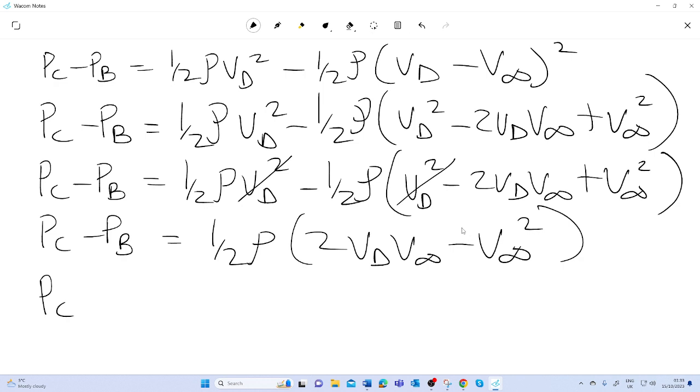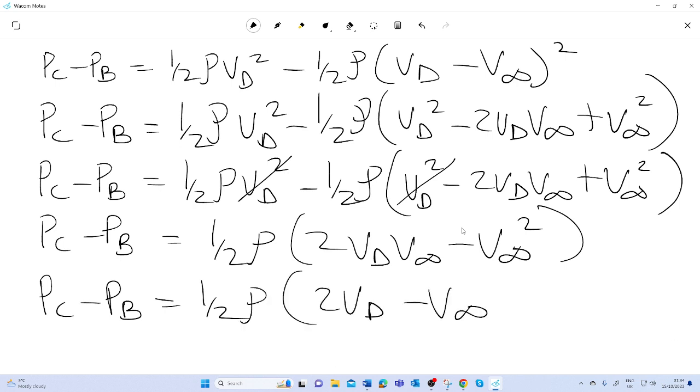So PC minus PB equals half rho V infinity (2VD minus V infinity) bracket.